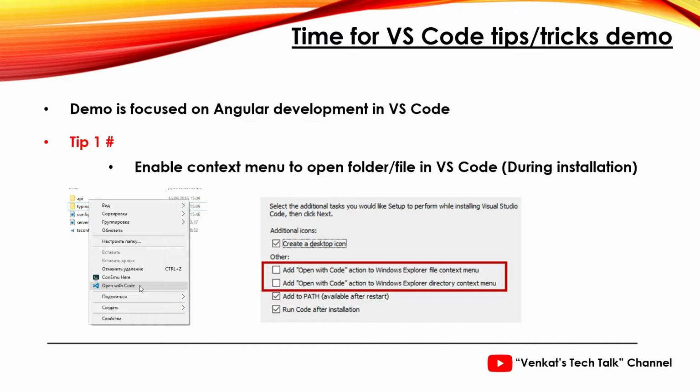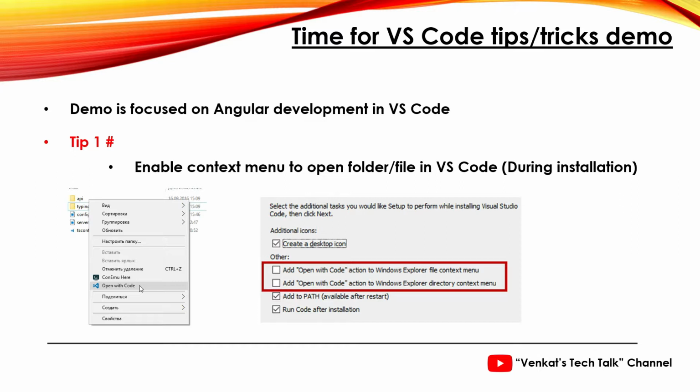A workspace is nothing but a folder that directly contains the whole Angular project structure, like angular.json. So we want the ability to open the project by choosing the folder, right-clicking and opening with Visual Studio Code. That is the key option you need to choose during installation, because by default when you install VS Code, these two options are unchecked. Traditionally we just hit next, next, next and complete the installation.